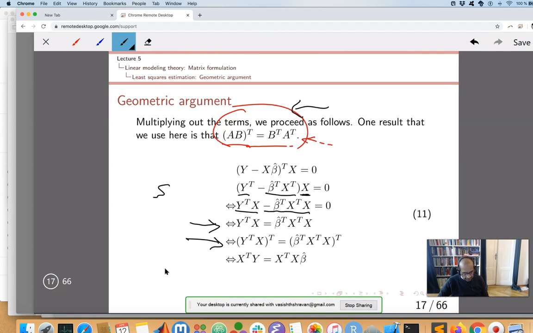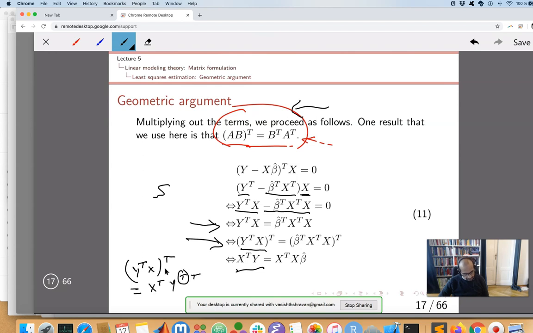I've got y transpose x, the whole thing transpose. I can convert that to x transpose y. Why is this x transpose y? It's because I started with y transpose x, the whole thing transpose, this can be converted to x transpose y transpose transpose, right?